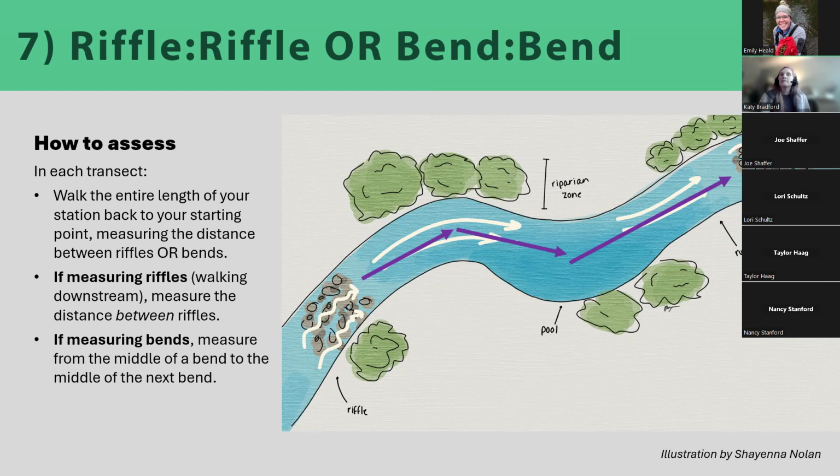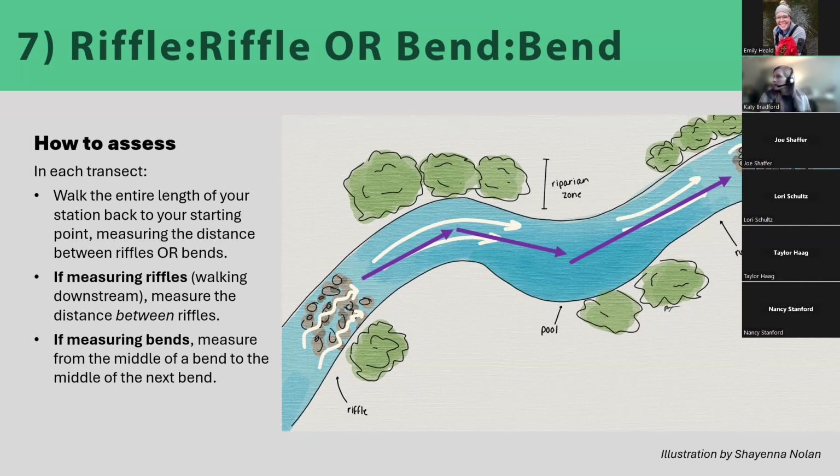If you have a fast flowing, more turbulent, high gradient stream that has riffles, you are only going to be measuring between riffles. If, on the other hand, your stream doesn't really have much in the way of riffles, then maybe it's a slower, more meandering stream, or it's a ditch that doesn't have riffles. You're going to be measuring between bends on the way back to your starting point.